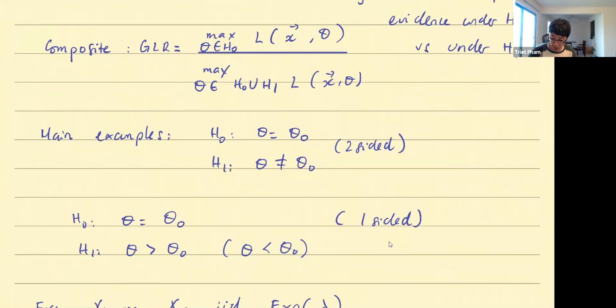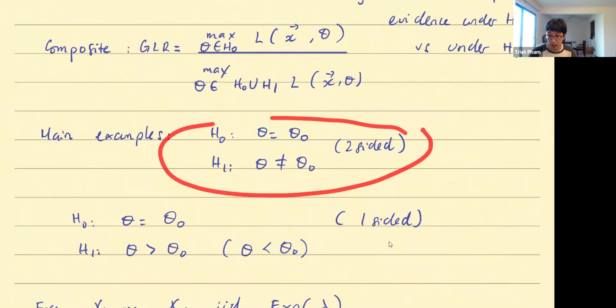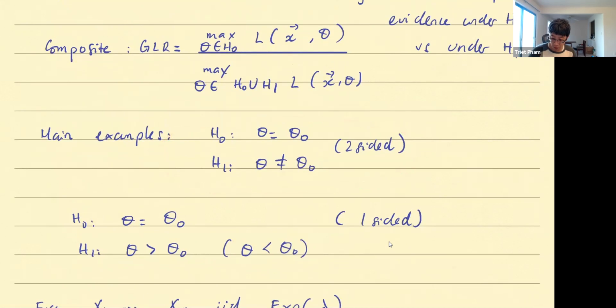One remark right here is that with the two-sided setup, usually the denominator will end up being an MLE problem.